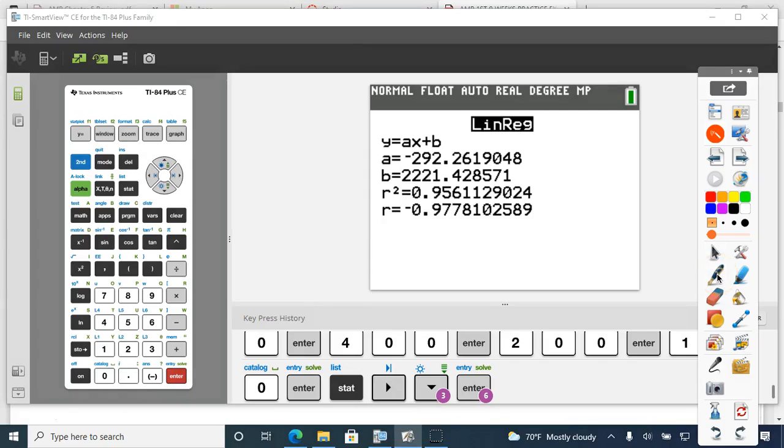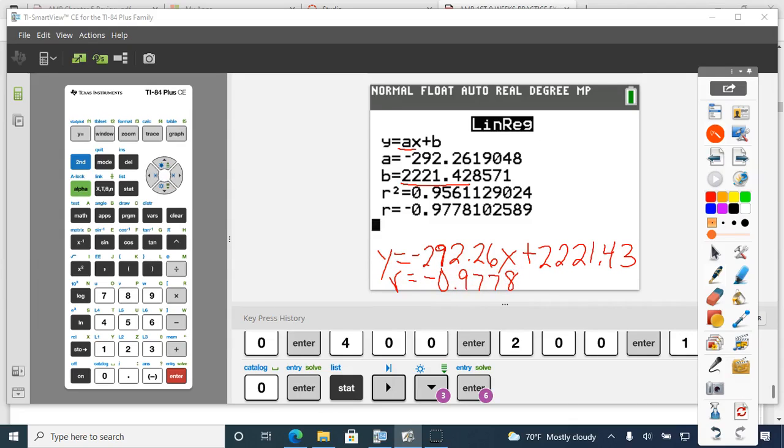So y equals ax plus b, where A is -292.26 and B is 2221.43. Okay, here is my R. R is -0.9778. And we're going to figure out what is the closest to these on our answers here.